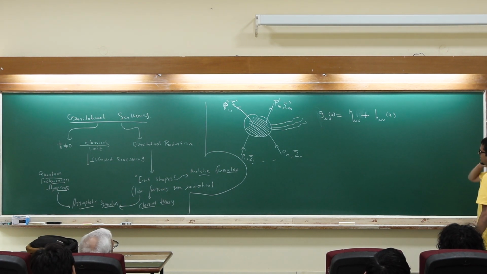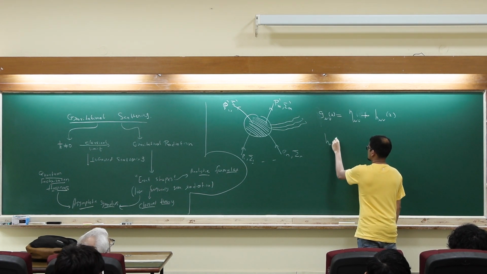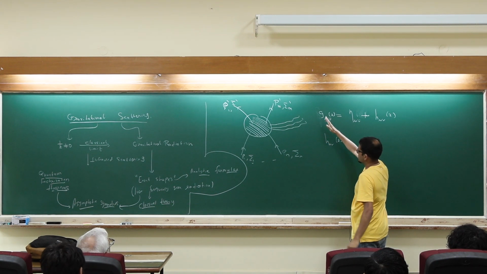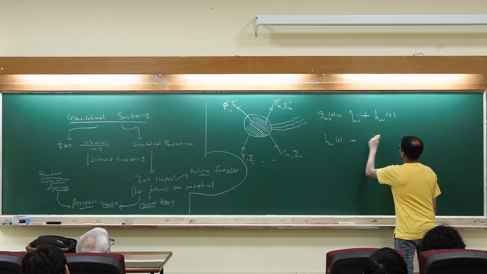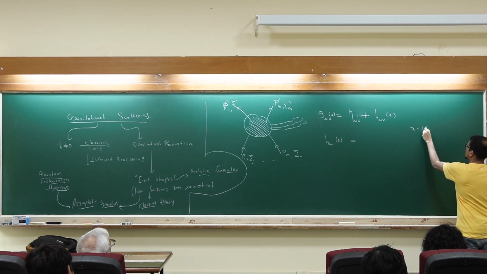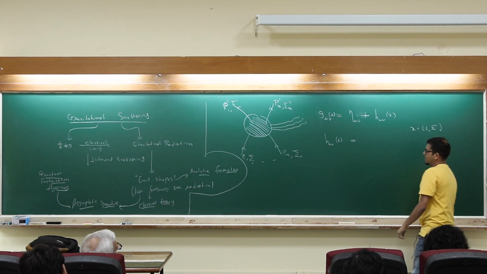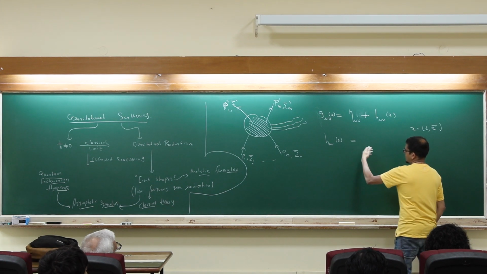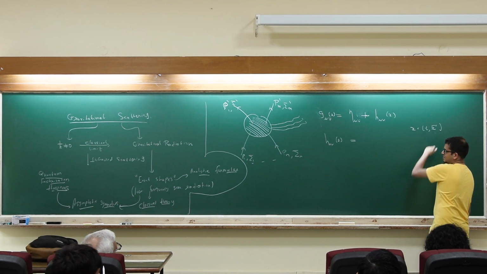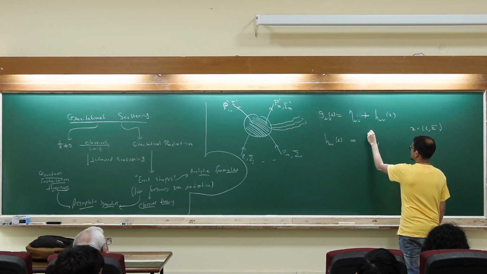And now the statement is that we want to look at this h mu nu at very large distance. So let's take x to be t and x in our Cartesian coordinates, and then if you study h mu nu, this is something we will see, the expansion of h mu nu in distance goes as, okay, I call this 0.